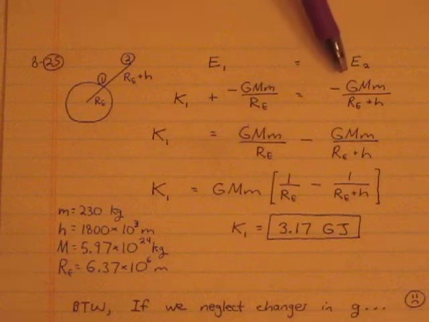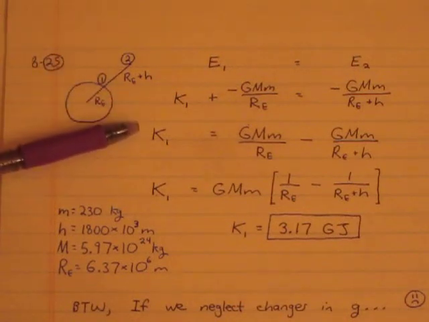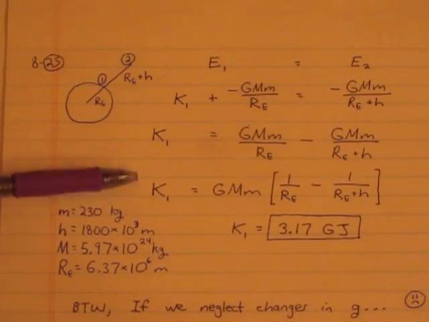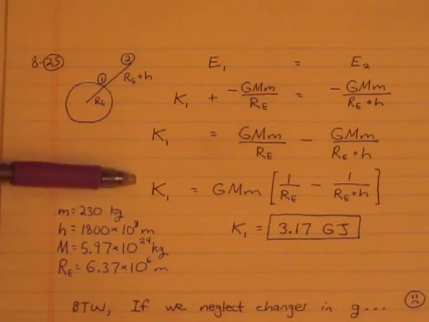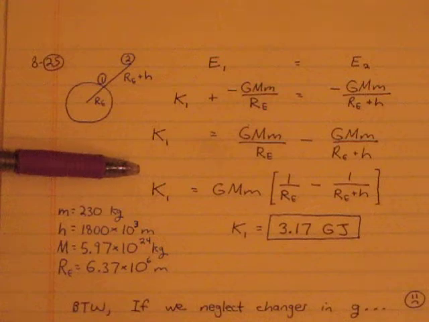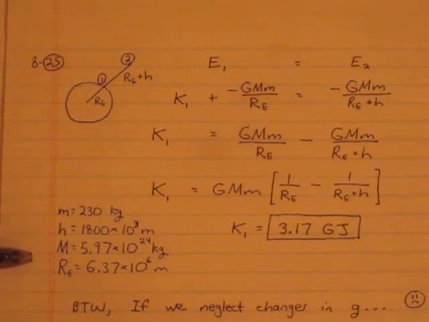Negative G, big M, little m, over, and here's its new distance, radius of the Earth plus height. Go through the algebra, solve for kinetic energy, and here's what it comes out to be. GMm times the difference of those two reciprocals, and I get 3.17 gigajoules. Right here on the side are all the various constants you'll need to plug in.